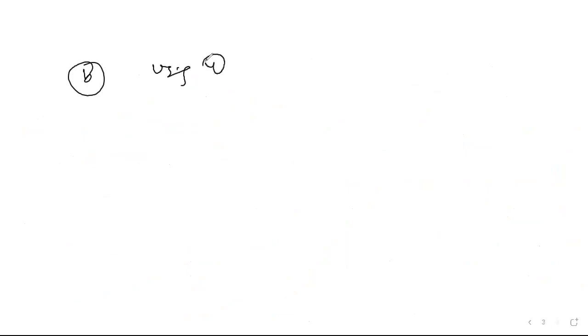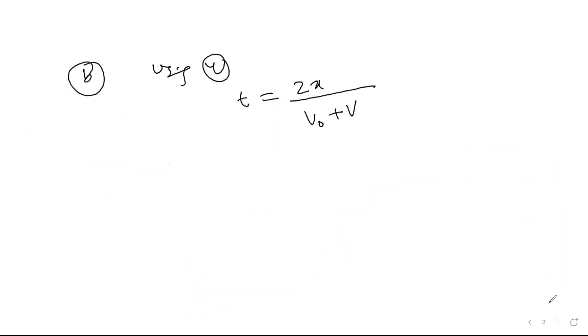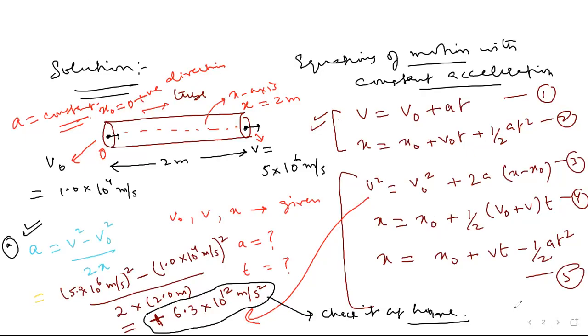Using 4, I can write t is 2x over V naught plus V. You can check, x naught is 0. So you will have 2x by V naught plus V is t. We have written that 2x by V naught plus V is t.